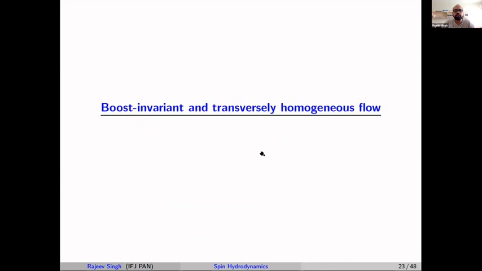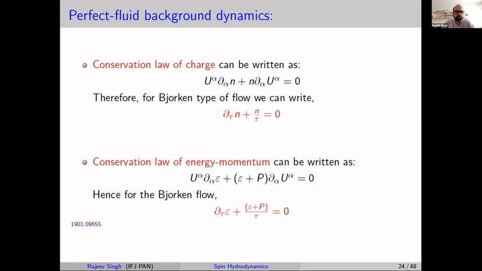I'll explain in one minute how this works for a simple setup. In the simple boost-invariant gradient flow, we get these two conservation equations, from the charge and the energy-linear momentum.